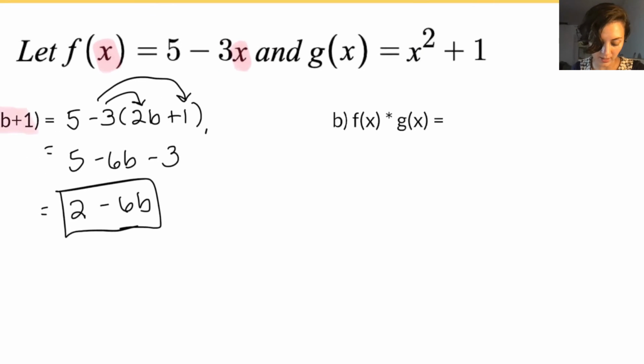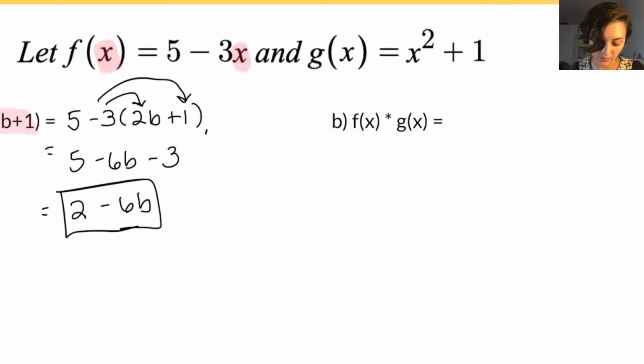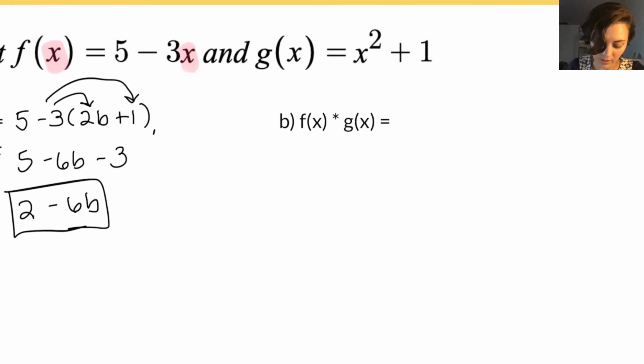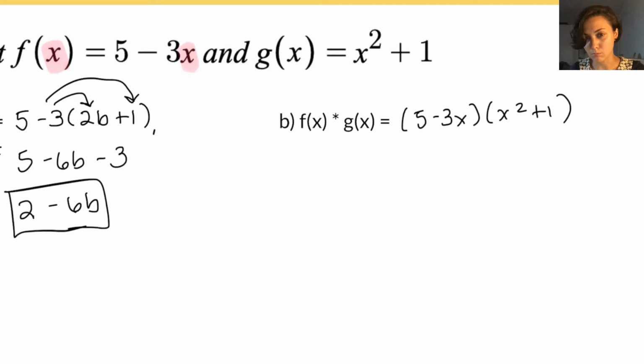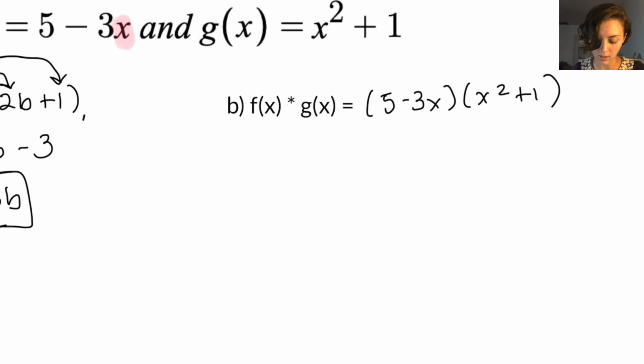And then in part B, I'm supposed to multiply the two expressions together. I'm going to make sure to use my parentheses. And now I have to multiply every single thing together, so it's always good to be careful and do one piece at a time. I like to draw the lines to help me remember what I've multiplied.